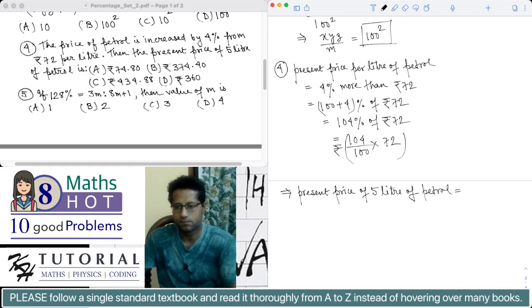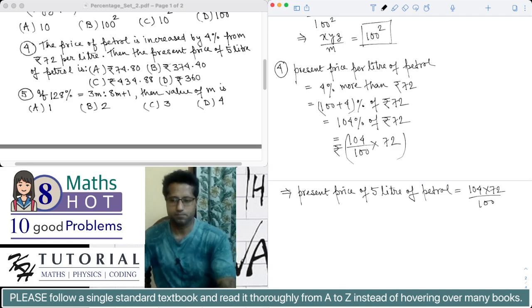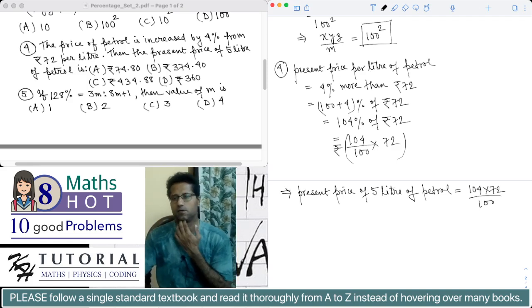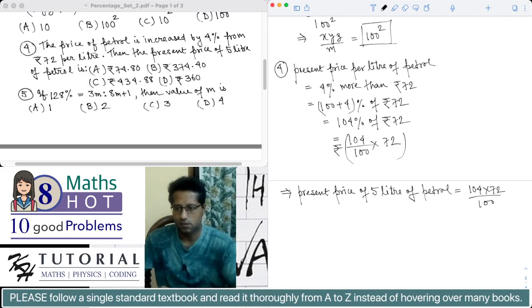So we have 104 multiplied by 72 divided by 100 as the present price of the petrol per liter, and hence we have to just multiply this with 5, since it is asking the present price of 5 liter of petrol.